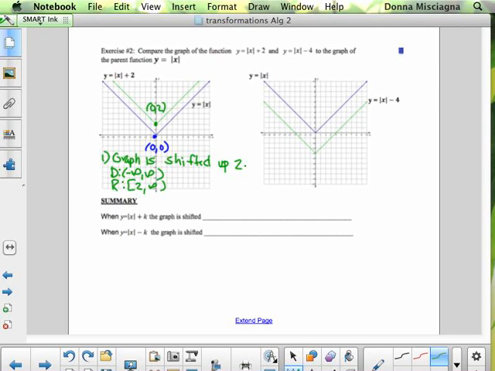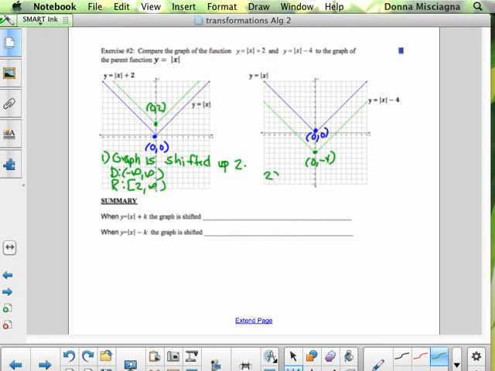All right, the blue graph is y equals the absolute value of x. The green graph is y equals the absolute value of x minus 4. All right, the blue graph again has a point (0, 0). The green graph has a vertex at (0, -4).